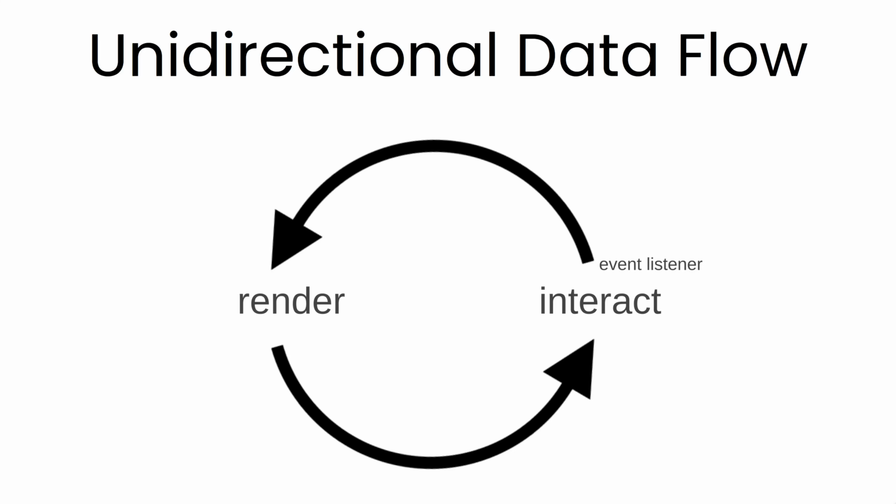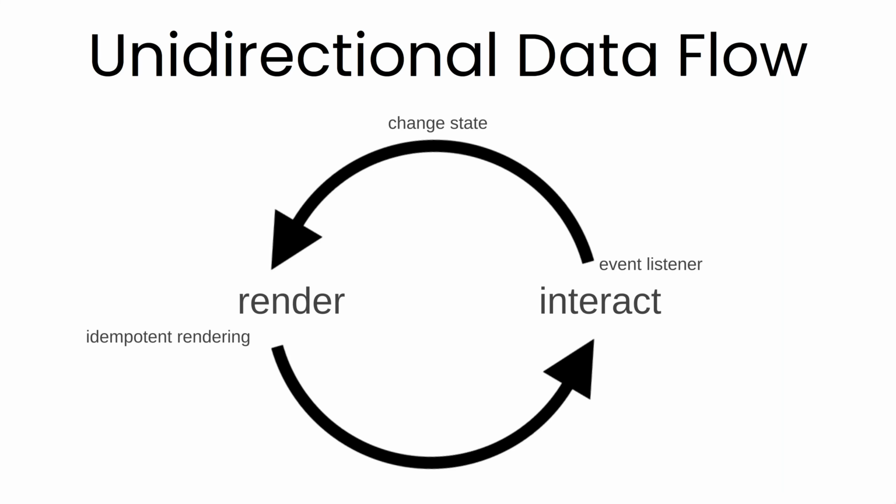That event listener is then responsible for changing the state or updating the state. In response to changing the state, the system renders an updated version of what should be on the screen using idempotent rendering, which we'll discuss later.